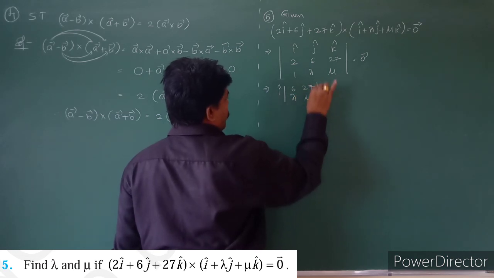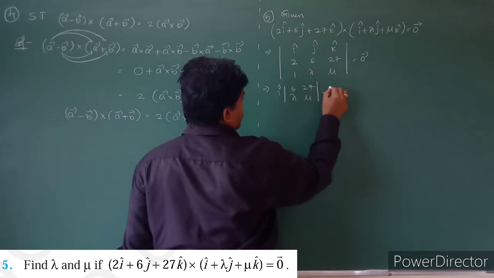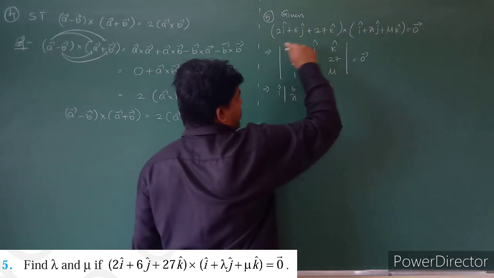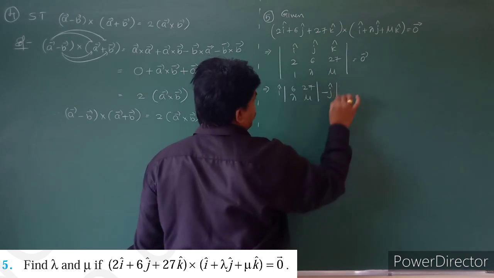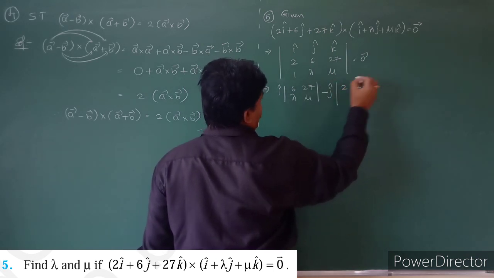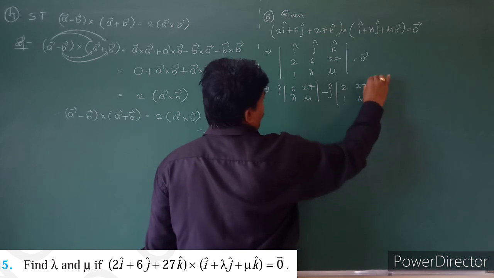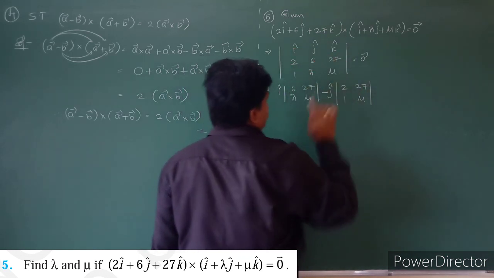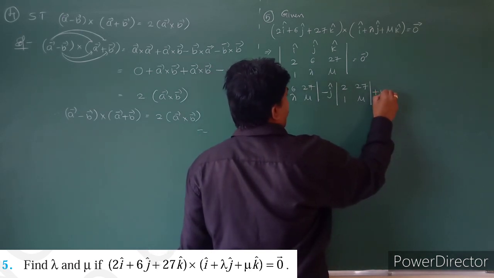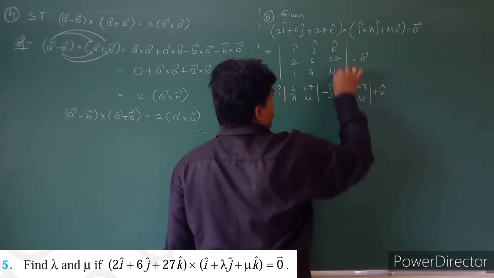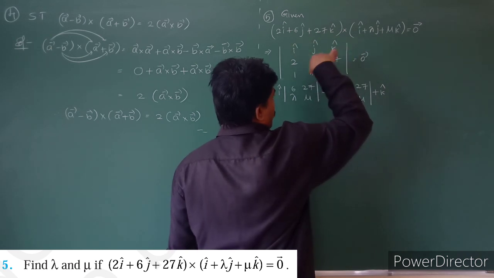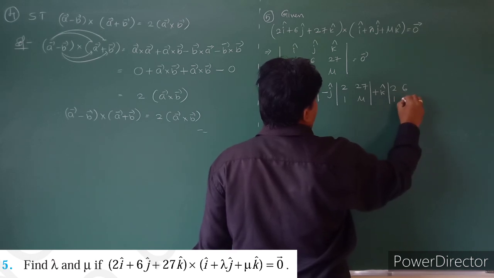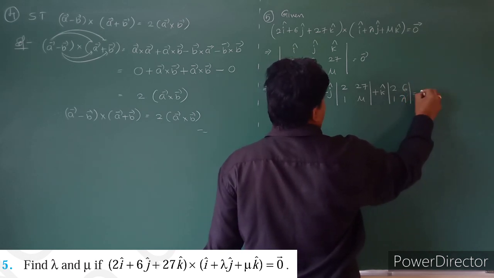27 lambda and mu, minus j into delete the row and the column. What you get, 2, 27, 1, mu. Plus k cap. Delete the row and column once again. What you will get, 2, 6, 1, that is equal to 0 cap.